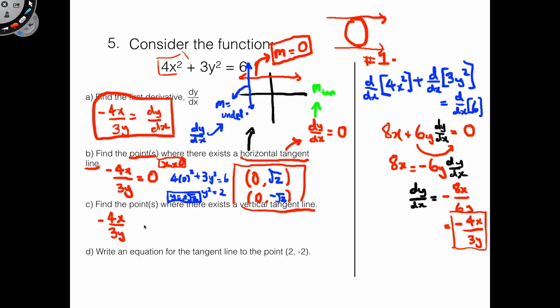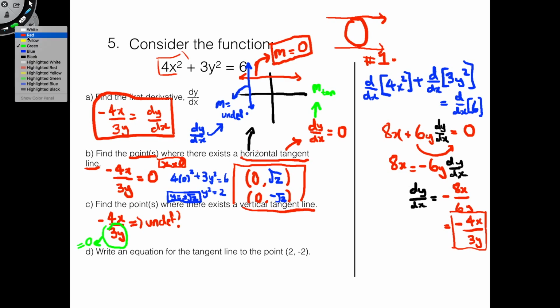When would this be undefined? Well, it would be undefined if we were to divide by 0. So if that were to equal 0, the derivative would be undefined, and therefore we'd have an undefined slope of the tangent line.